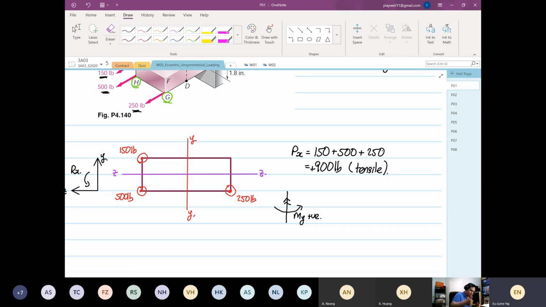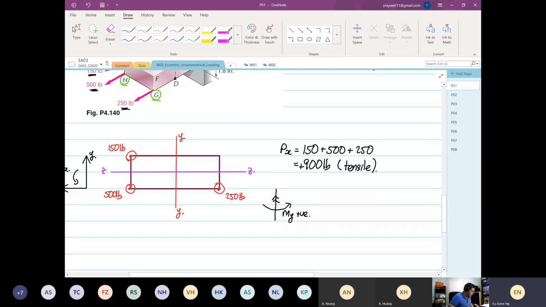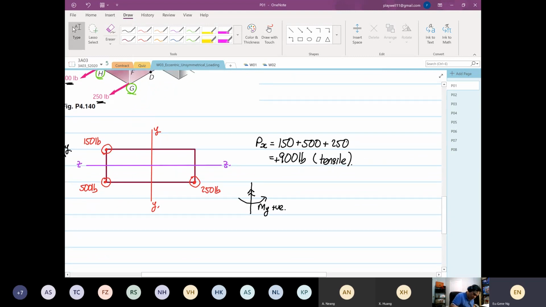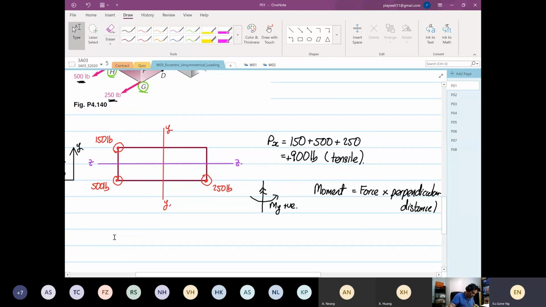So from here we know that moment is equal to force multiplied by perpendicular distance. So if we were to do moment about y, let me copy this image again, then later on it will be less confusing for you.